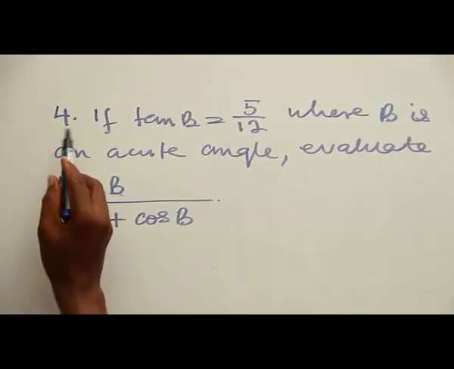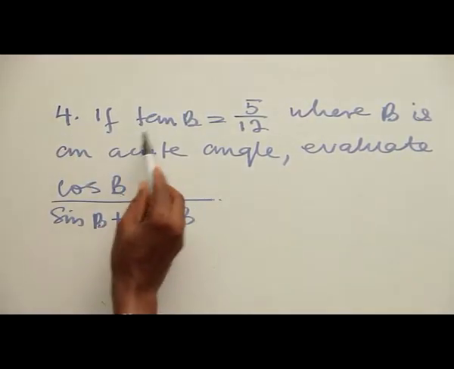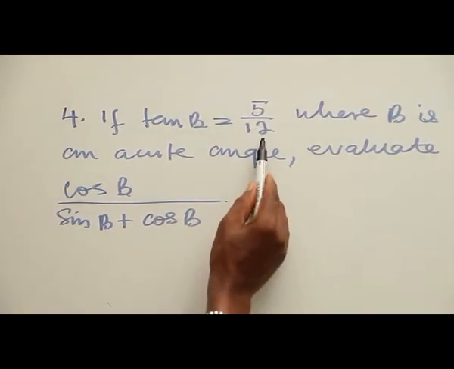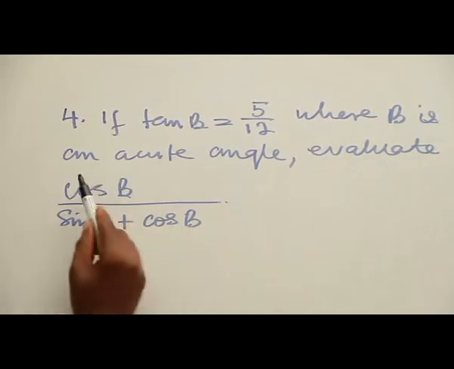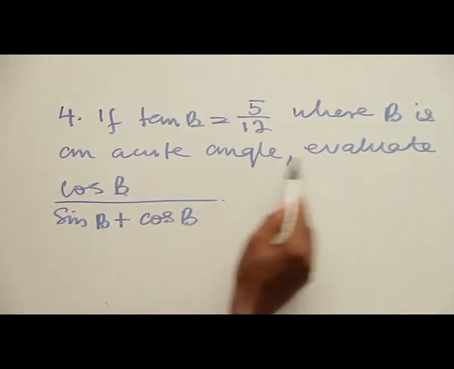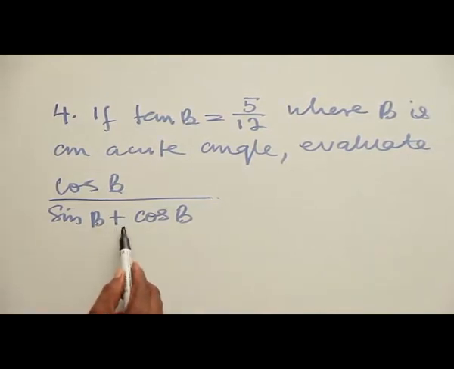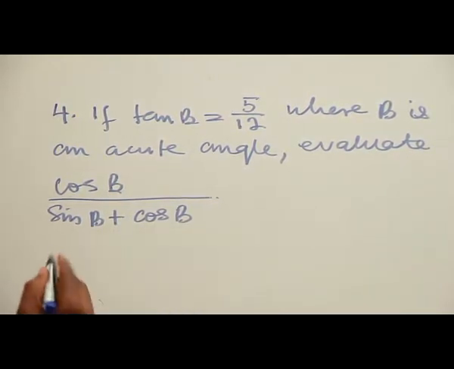We have example number 4. If tan B is equal to 5 all over 12, where B is an acute angle, evaluate cos B all over sin B plus cos B. Your solution.